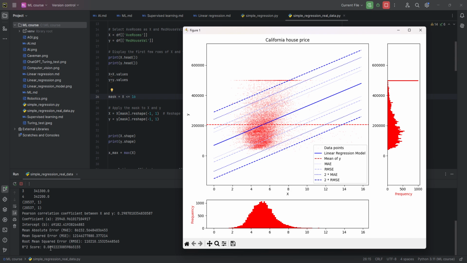But here we're just trying to explore the real data and to see for ourselves that real data sets and the real ground truths are much harder to understand, and usually they look like this, a blob of points, not nicely distributed across a line.